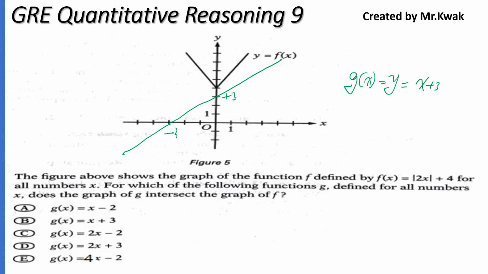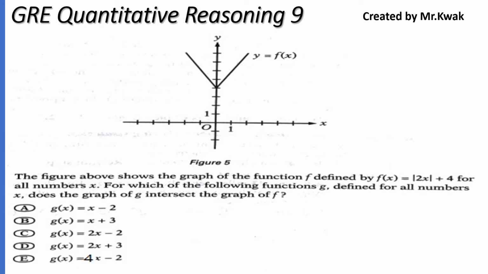In that case, the slope was 1, and the y-intercept could be 3, and the x-intercept could be minus 3, because when you put 0 into y, x could be minus 3. So like this way. Does it intersect with f(x)? No. So choice B is also incorrect, and they do not intersect each other.